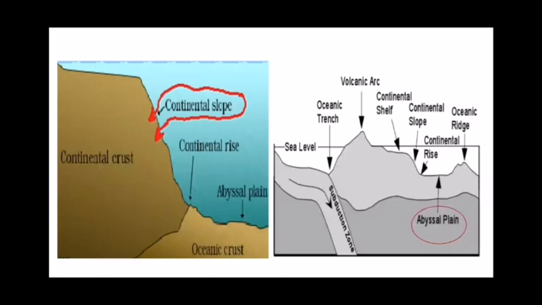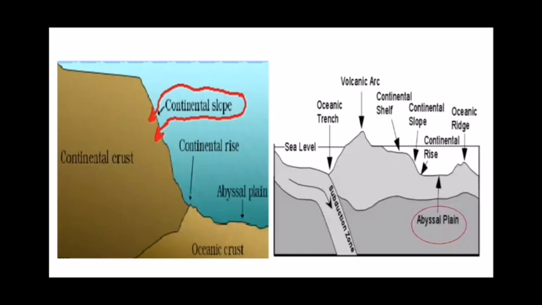The depth of the slope is from 200 meters to 3600 meters. In some places it is more, that means it can be more than 3600 meters, but mostly it is around 200 to 3600 meters. Now children, this continental slope is narrow, it is not broad.